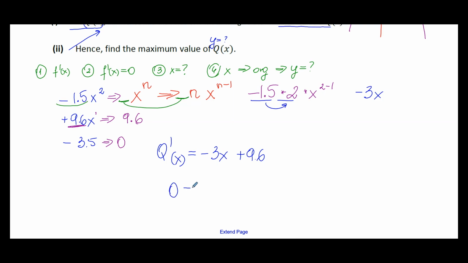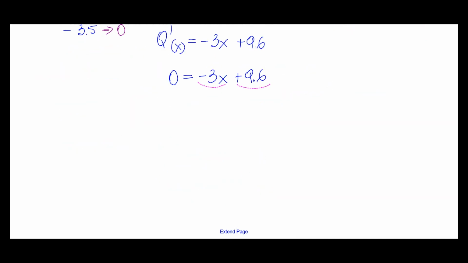Now we equate that derivative to 0. We replace our y with 0. Now we have to solve it for x, so my x has to be on its own. I have a choice here. Either I move minus 3x to this side or plus 9.6 to the other side. Doesn't matter which one. Here I would say because it's negative, let's move that to the other side. Therefore, it becomes positive. How come? Because if we move a number from one side of the equation to the other side, it changes the sign to the opposite.